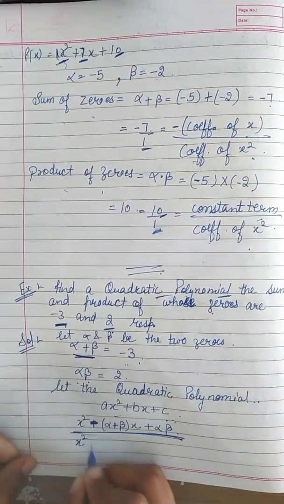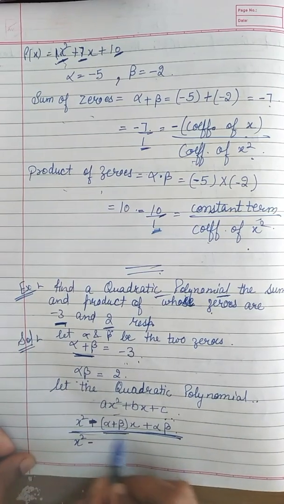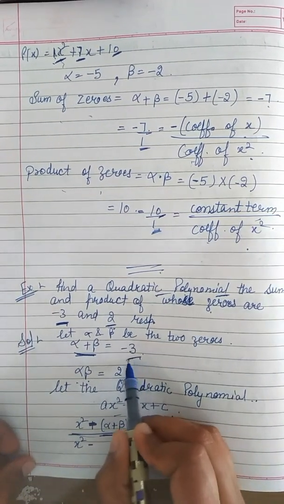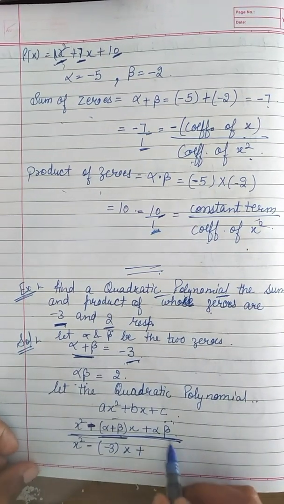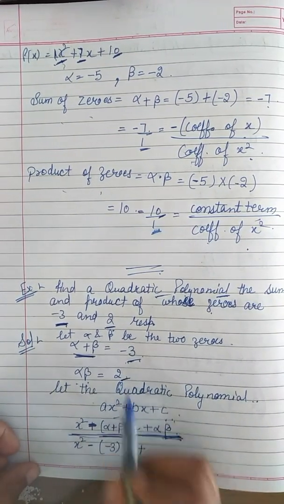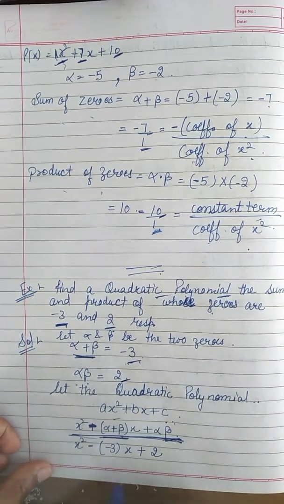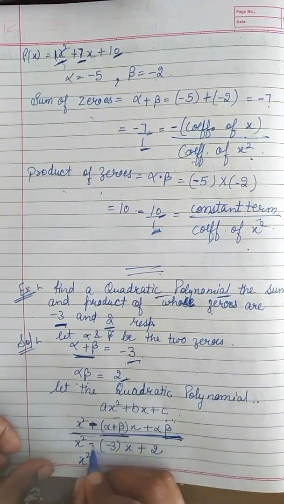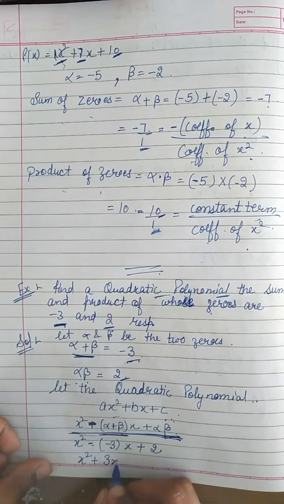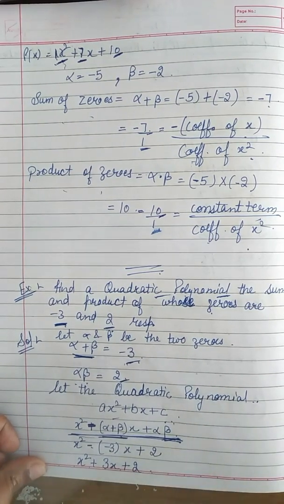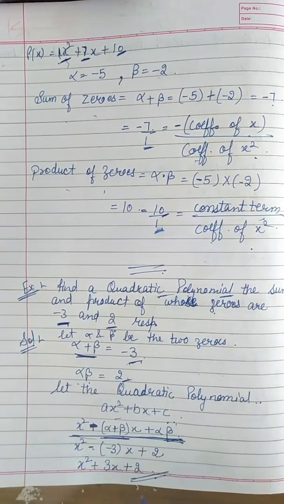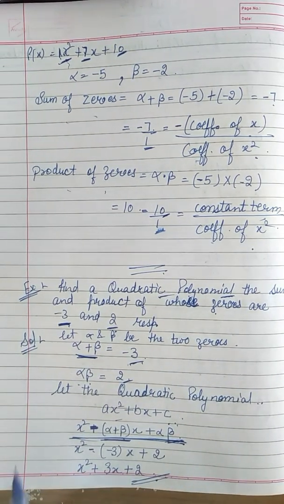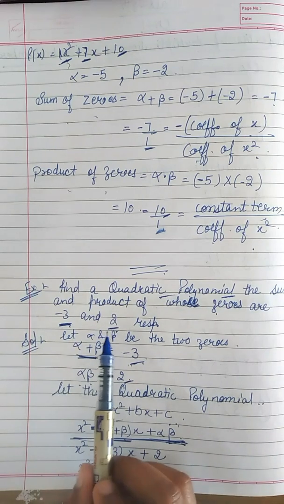So x square minus (alpha plus beta), which is given as minus 3, x plus alpha into beta, which is also given, that is 2. So solve this: x square minus minus 3x, plus 3x plus 2. So this is the quadratic polynomial whose sum and product of zeros are minus 3 and 2.